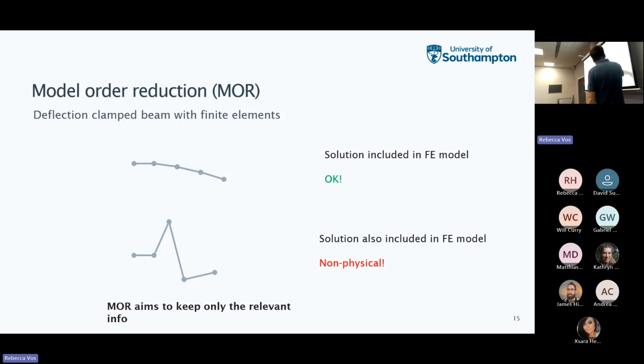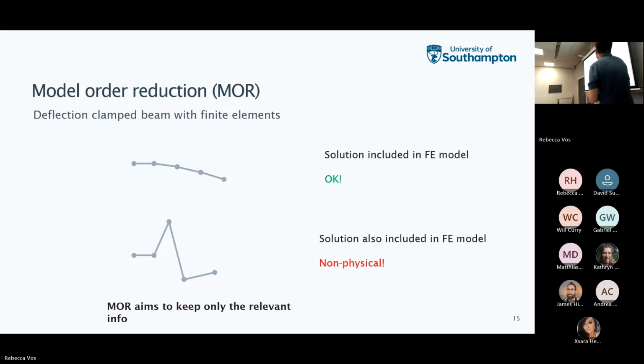However, you would also get high frequency solutions like this that perhaps don't make a lot of sense, because the finite element method is discretized in space, so you can only get accurate solutions up to a certain frequency. Above that frequency, the solution is not valid because the discretization is not fine enough. So this solution here would be non-physical, but it's still included in your full order model solution.